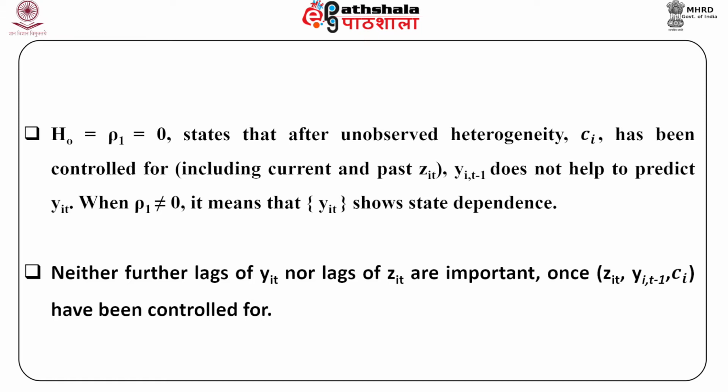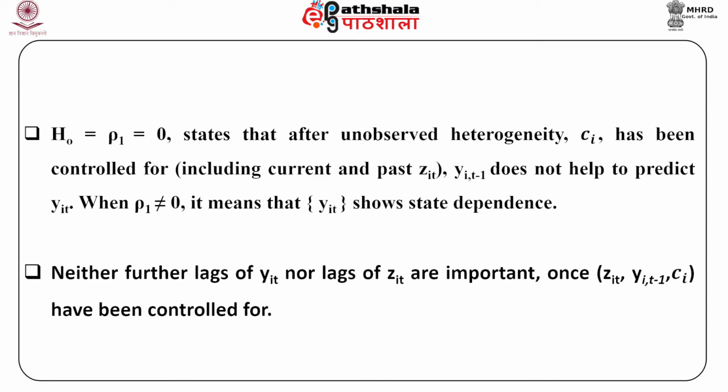So basically we are saying Y_i,t-1 does not help to predict Y_it after controlling for C_i and Z_it. When rho_1 is not equal to 0, it means that Y_it shows state dependence. Please note that the current state depends on last period's state even after controlling for C_i and Z_it up to Z_i1.